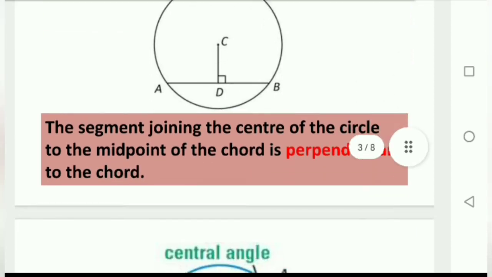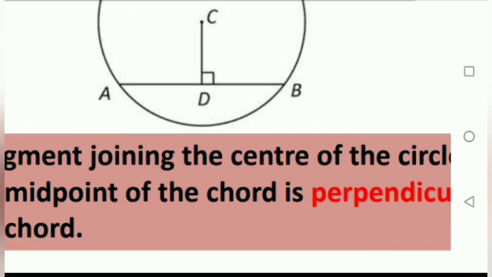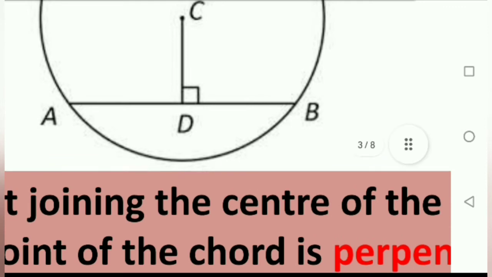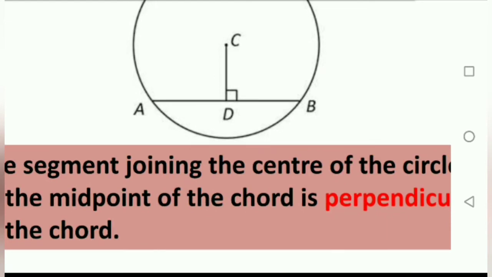Okay. Next one was the segment joining the center of that circle to the midpoint of the chord. So you can see here a segment passing from center and it is reaching till where? The midpoint of that chord. So what happens then? What will be the angle? That will be perpendicular. Perpendicular means what? It will be 90 degree. So CD is what?